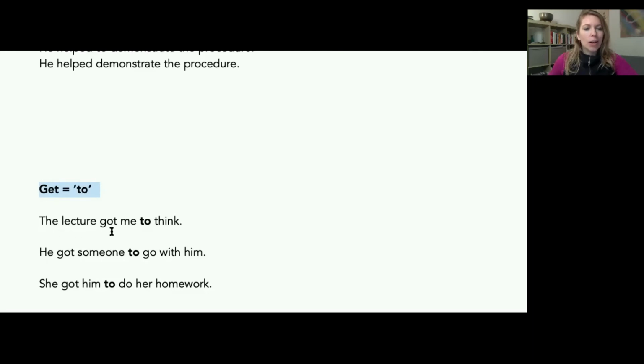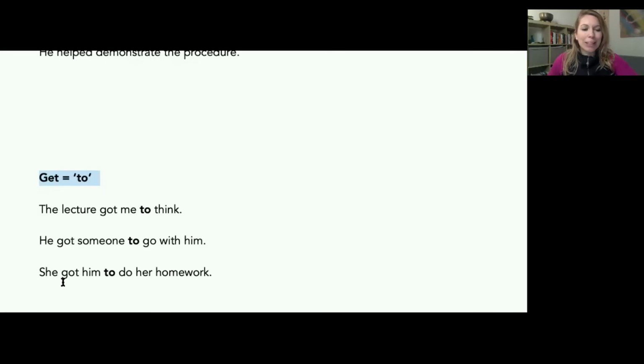The lecture got me to think. He got someone to go with him. She got him to do her homework. Wow, she must be pretty persuasive. You couldn't get me to do your homework, that's for sure. So this verb right here is always going to get the to.